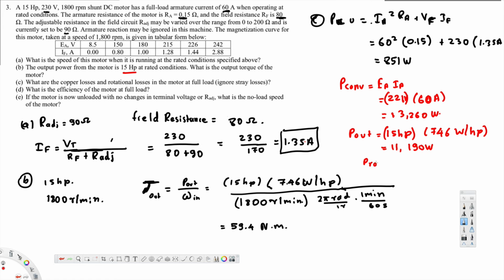Therefore P rotational is equal to P converted minus P out. P converted is 13,260 watts minus 11,190 watts, that is equivalent to 2,070 watts. And that's it.